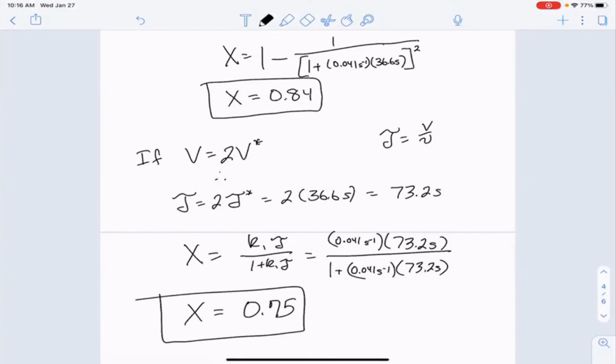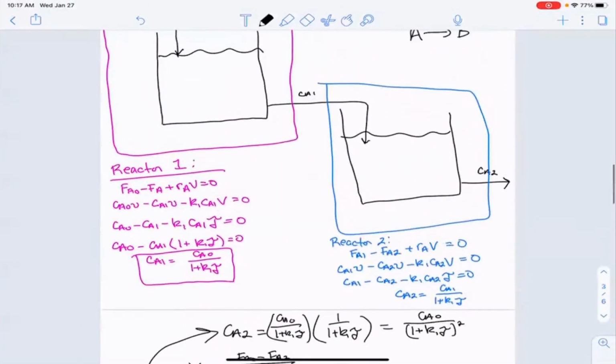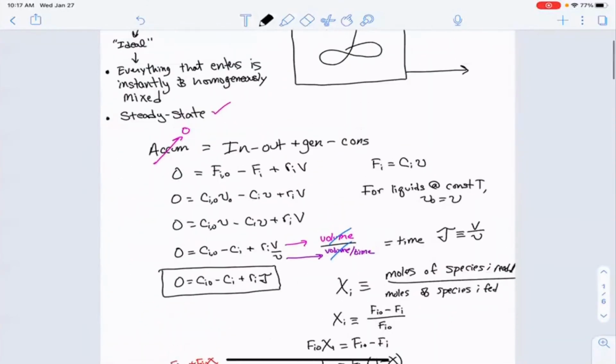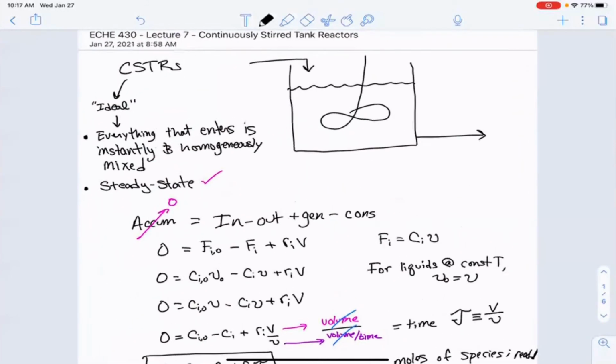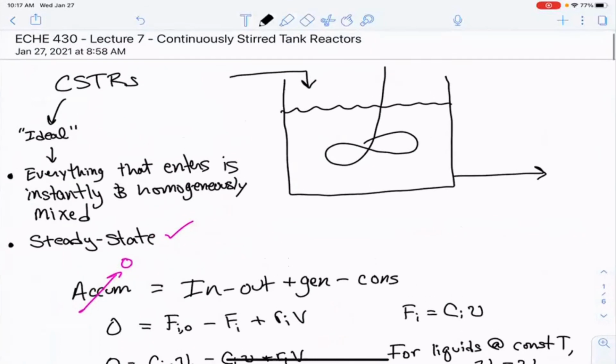Okay. And so that means that we have a higher conversion with 2 smaller reactors than we do with 1 larger reactor. And the question is, why? Does that make sense? To understand that, let's go all the way back to the first thing that we talked about, our assumptions about ideal CSTRs.